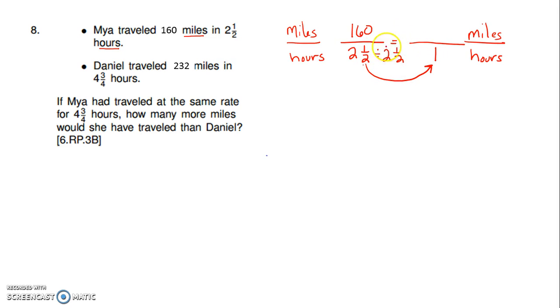If I divide the denominator by 2.5, I also need to divide the numerator by 2.5. That'll give me how many miles Maya can travel in just 1 hour. So let's do 160 divided by 2.5.